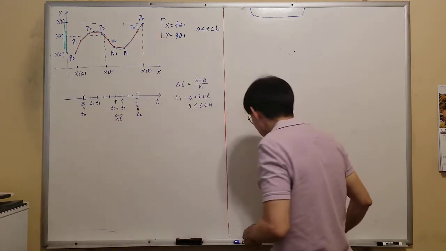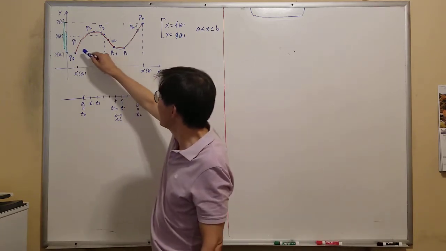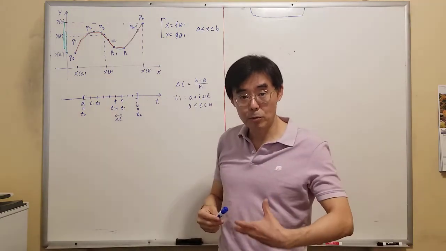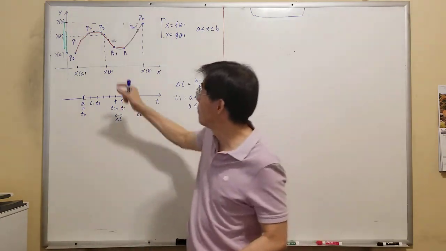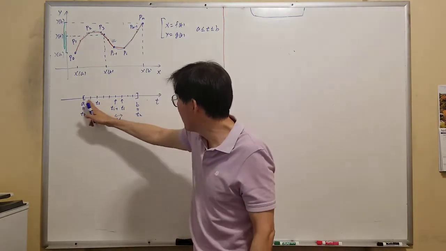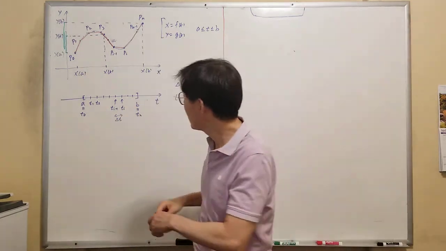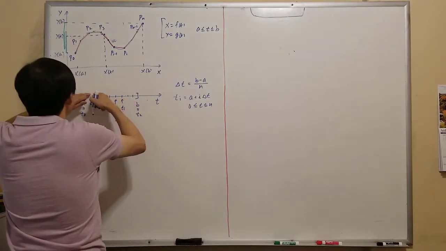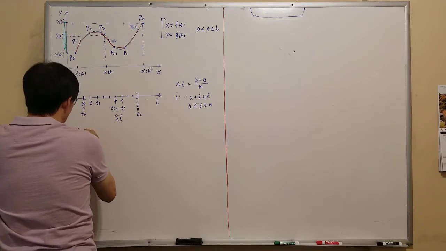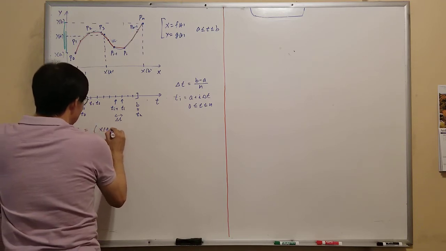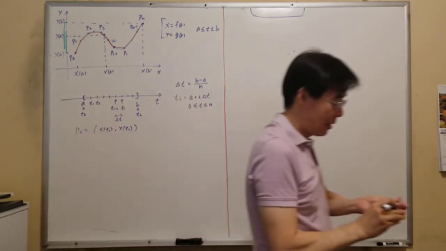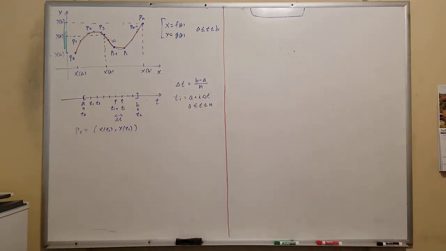The sum of the lengths of these line segments will be close to the arc length if these points are close together, or if you have many subdivisions here. When t equals t_i, you're going to be there. So P1 equals x of t1, y of t1.